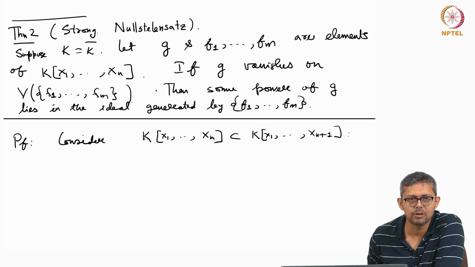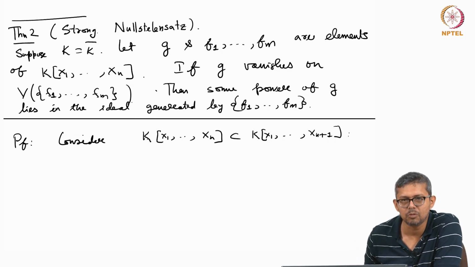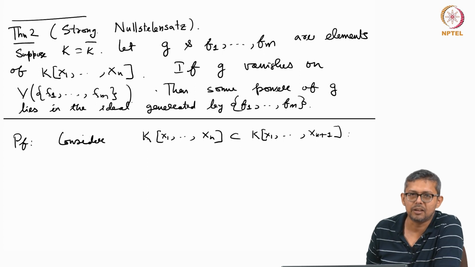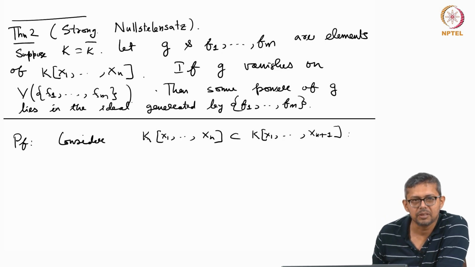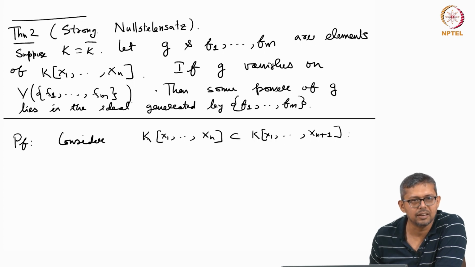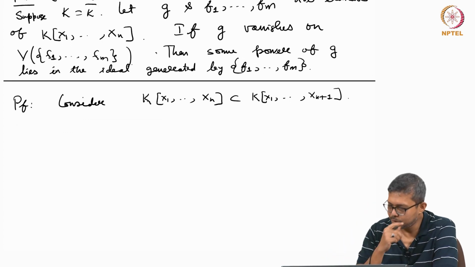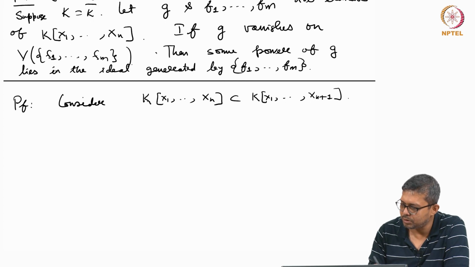There are many proofs of the strong Hilbert Nullstellensatz, but the proof which I am using is the simplest proof so far available. It is one of the fundamental theorems, like in analysis you have the Bolzano-Weierstrass theorem, which is used daily. So this is a daily theorem in algebraic geometry.